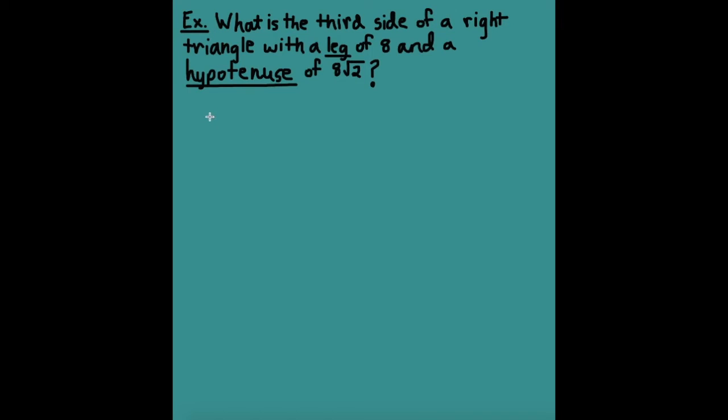So let's draw a picture. We have a right triangle with two 45-degree angles, and we have a leg, which is 8, and the hypotenuse, which is 8 root 2. So the ratio for a 45, 45, 90 triangle is x to x to x root 2. This right triangle has a ratio of 8 to x to 8 root 2.